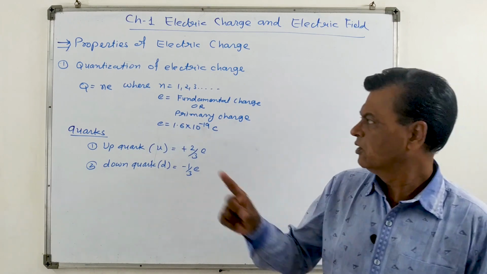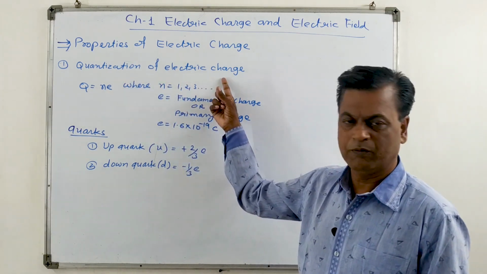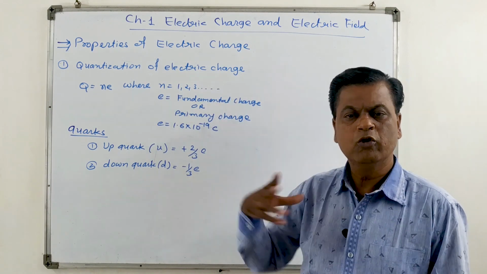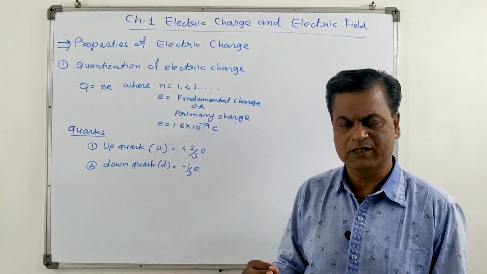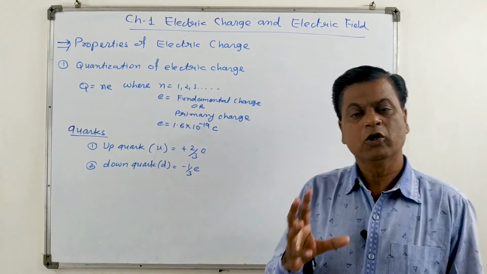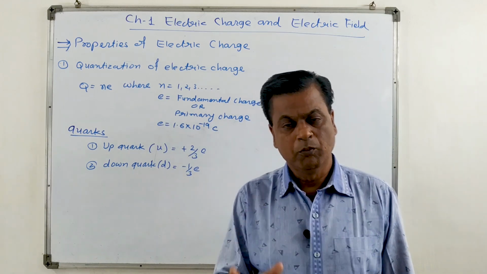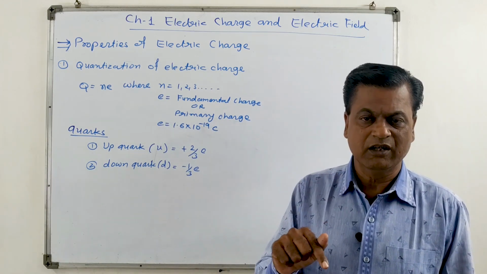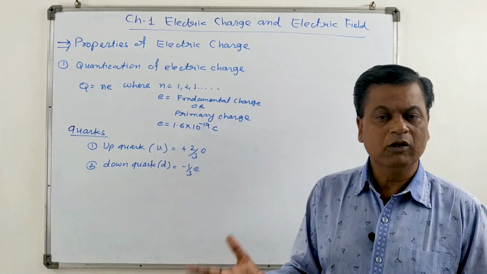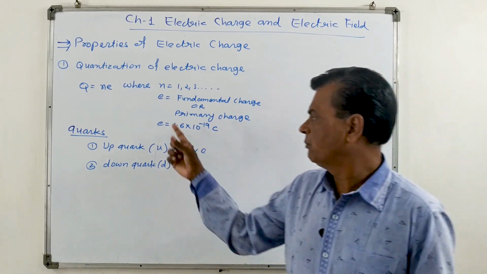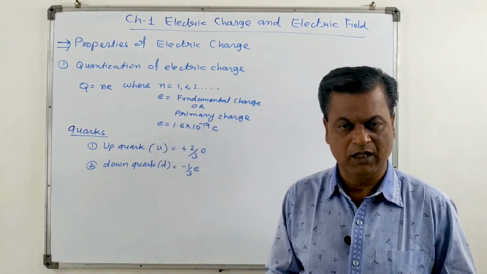Out of them, one is quantization of electric charge. Now what do you mean by quantization of electric charge? So the magnitude of electric charge of the body found in nature is equal to the integral multiple of fundamental charge.